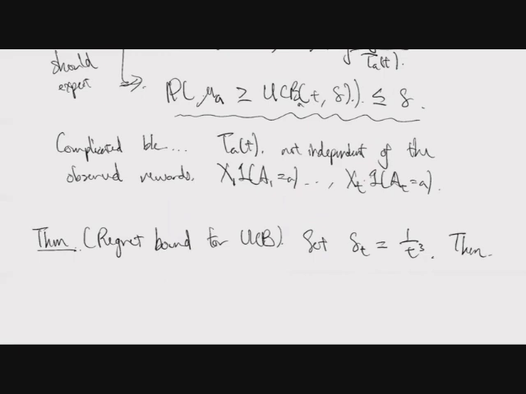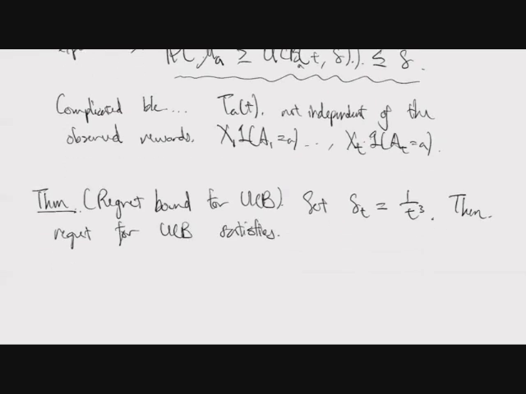Then with this choice, the regret for UCB satisfies the bound: 3 times the sum over all the arms of the suboptimality gaps, plus a second term, which is the sum over all the arms that are suboptimal, where the suboptimality gap is bigger than 0, of 24 log n, where n is the number of rounds, divided by the suboptimality gap.